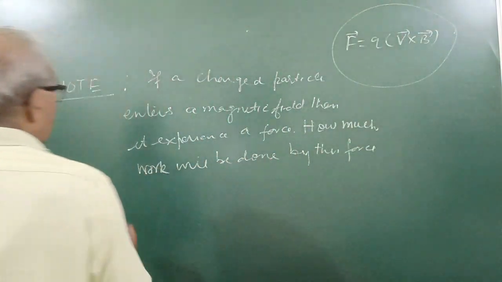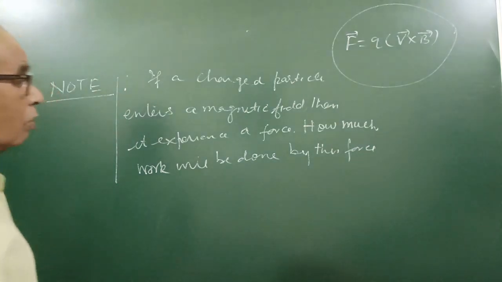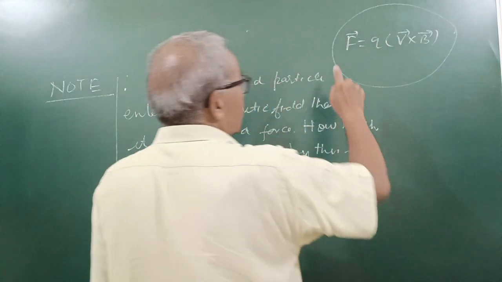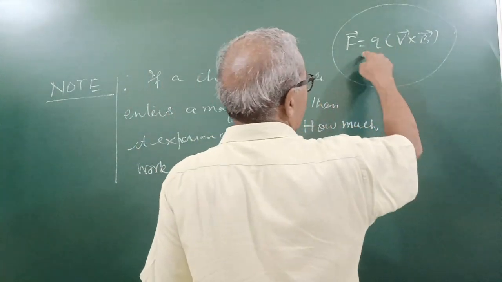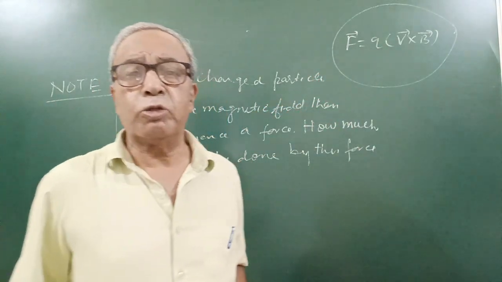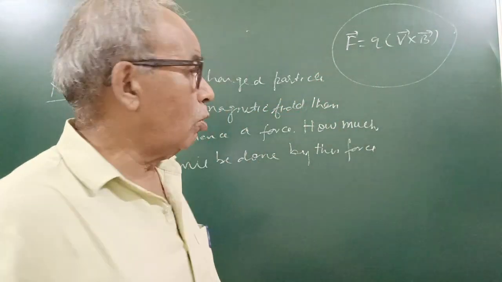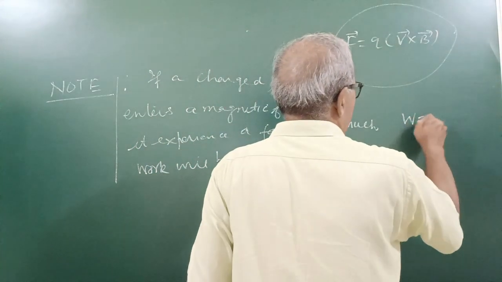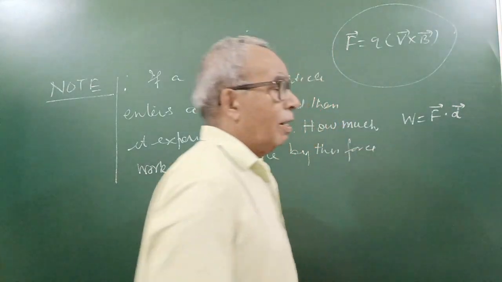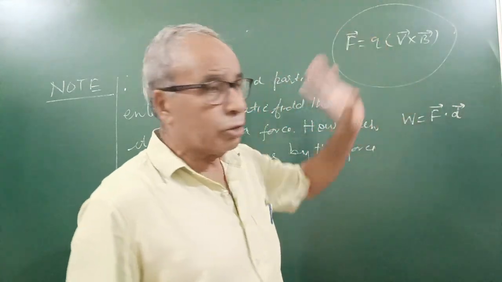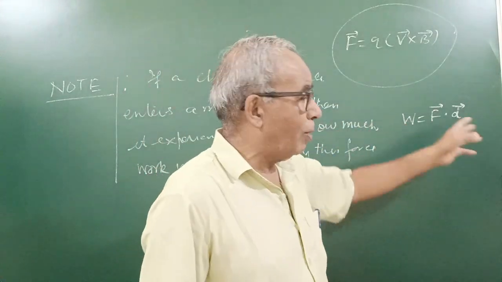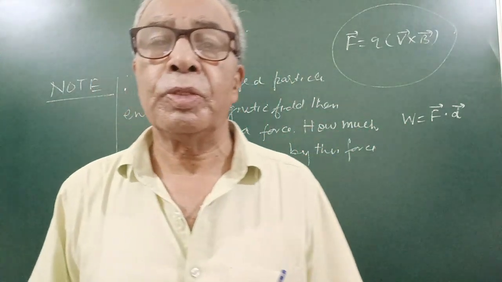So here, I think you have got the answer. The charged particle enters the magnetic field. Force is q into v cross B. The direction of F is perpendicular to velocity v. And I told you that work done is F dot d, the dot product of force and displacement. Displacement is along velocity, so this force is at right angle to displacement and no work is done.